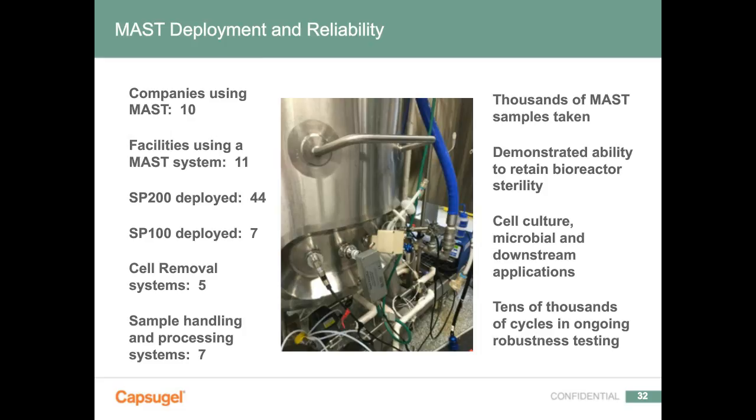During that time, we've taken thousands, if I could really count, maybe tens of thousands of samples taken by these engineers, and have not had a single sterility failure that's been linked. That's really demonstrated our ability to sample from bioreactors. We've used this successfully in cell culture, microbial, and downstream applications, in several places taking samples after the protein A step or various other steps in the process.